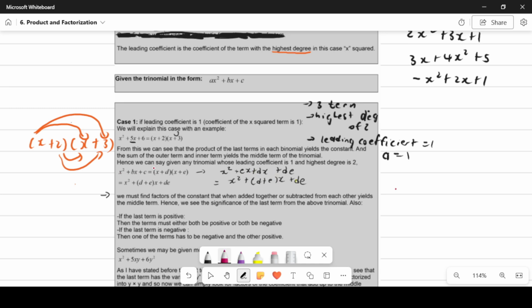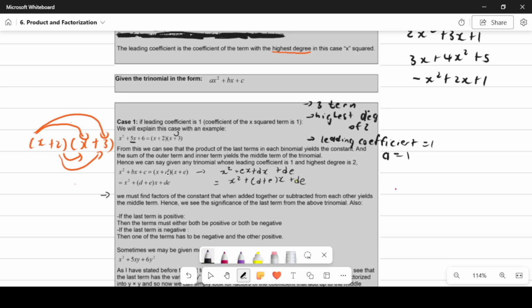Remember I said in maths, these equal signs basically mean that whatever you have here is a re-expression of everything above. So if you look at this, de has to be the same as c, and d plus e has to be the same as b. They are exactly the same. So we can draw a very important conclusion.